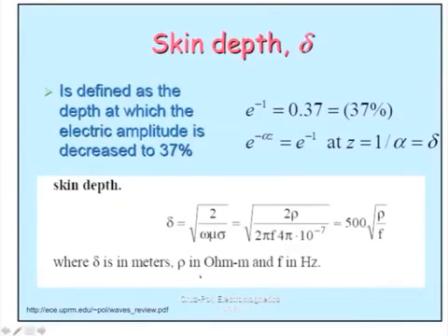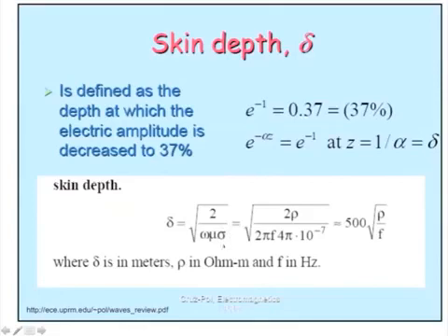So delta here is equal to the square root of 2 divided by the angular frequency of the wave, omega, that's a small Greek omega, divided by the magnetic permeability of free space, mu, and then divided by sigma, that's a small Greek sigma.